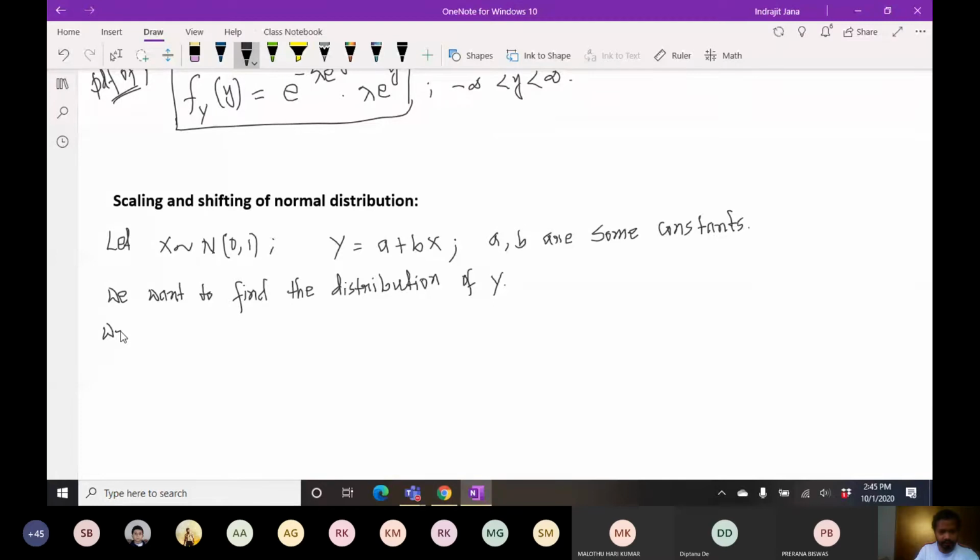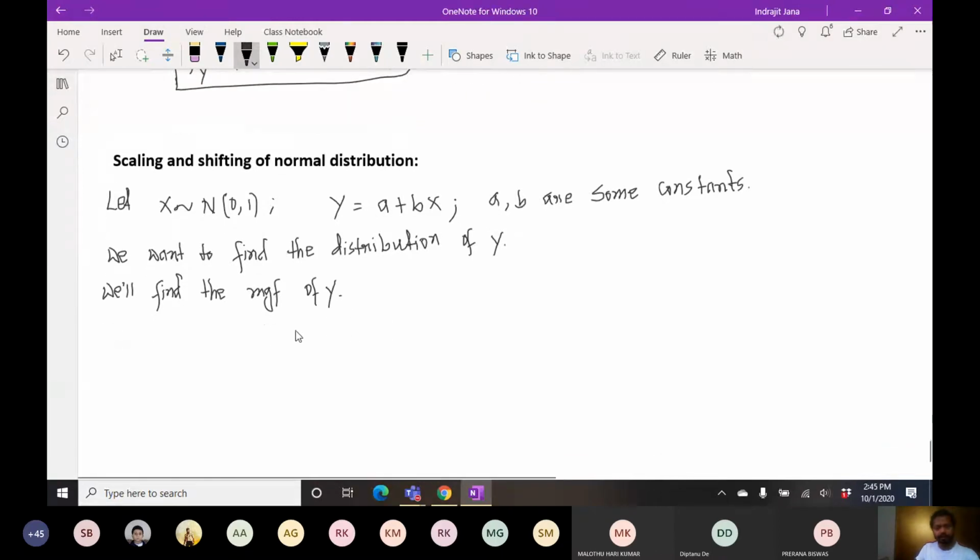So we shall find the MGF of y. Okay. So how do you find the MGF of y?